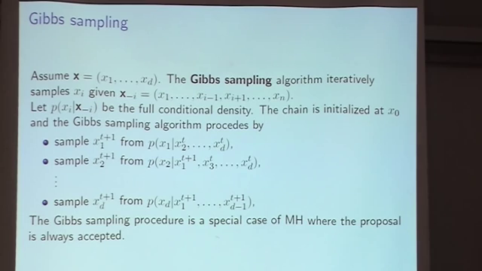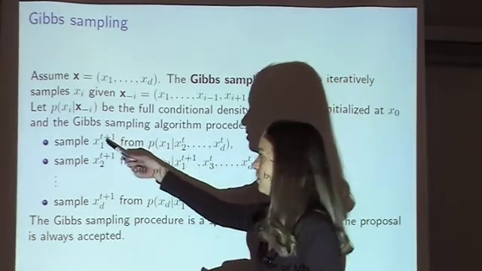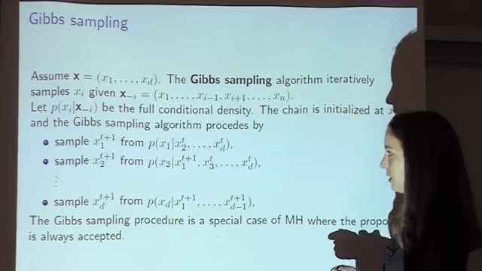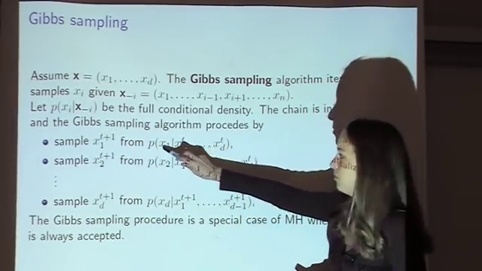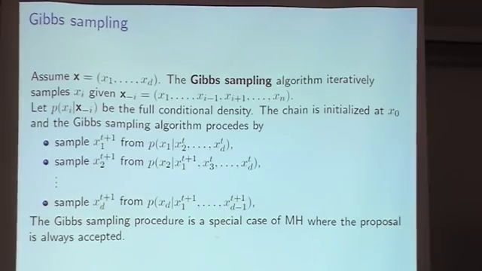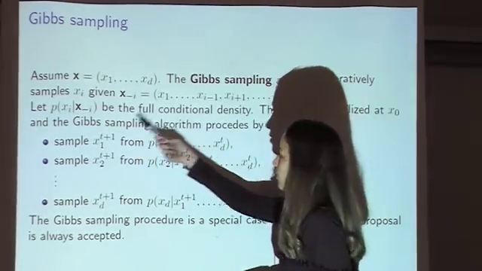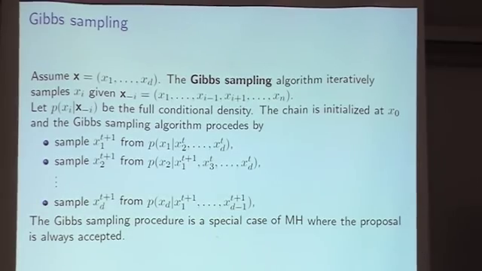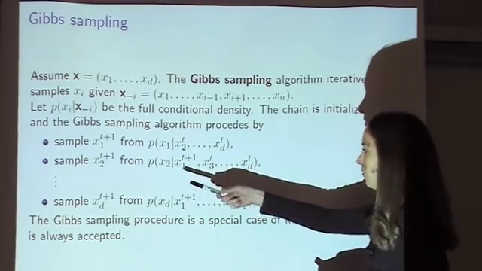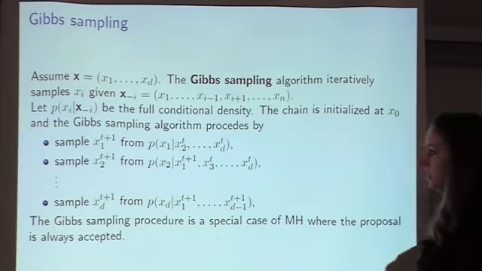So the chain proceeds by, well, we initialize at some value X naught, and then we iteratively sample. So we sample our new state x_{t+1} from the full conditional of x1. Then we plug in this value to the conditional density. We sample x2 given all the other states.